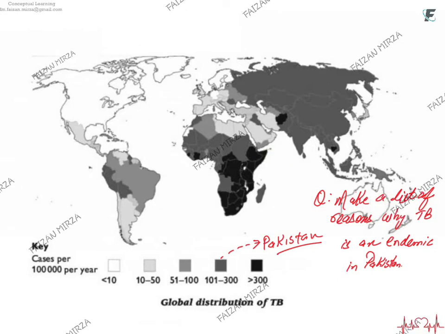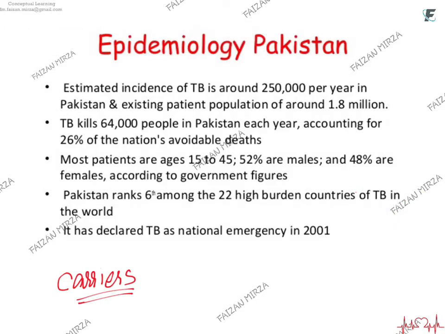So for your own understanding, make a list of reasons why you think TB is endemic in Pakistan. TB is actually endemic in Pakistan. Endemic means that the disease is always there in the population. According to the epidemiology of Pakistan, the estimated incidence of TB is about 250,000 per year, and the existing patient load is about 1.8 million.